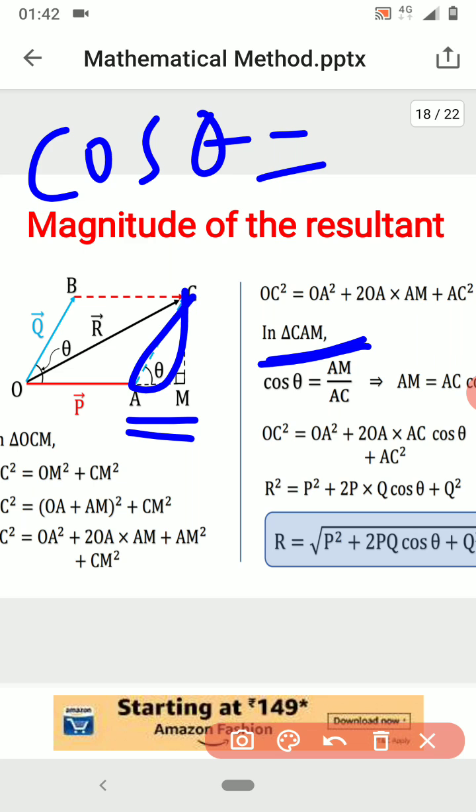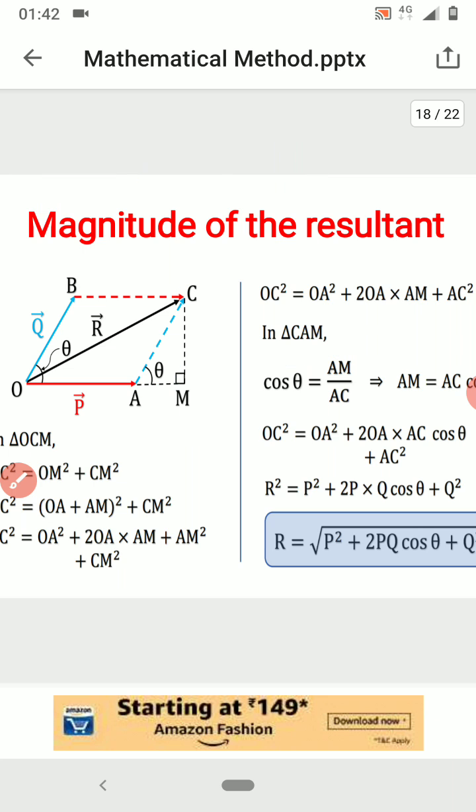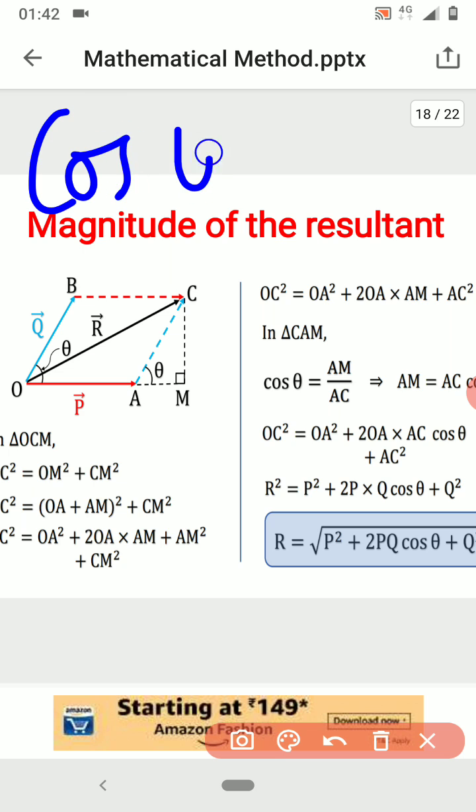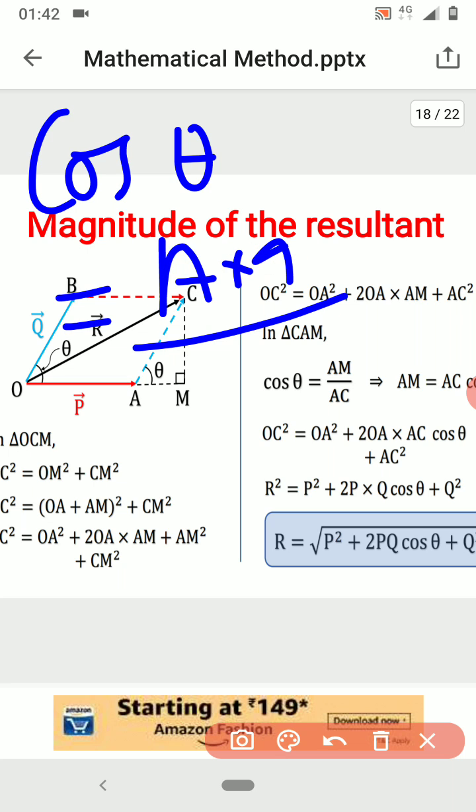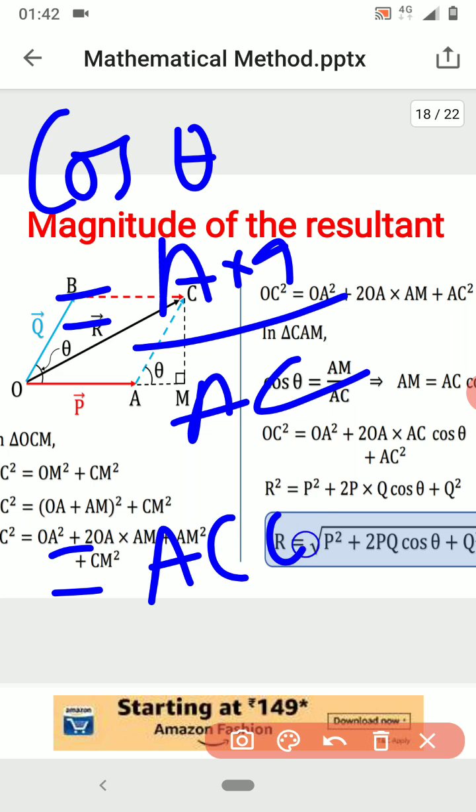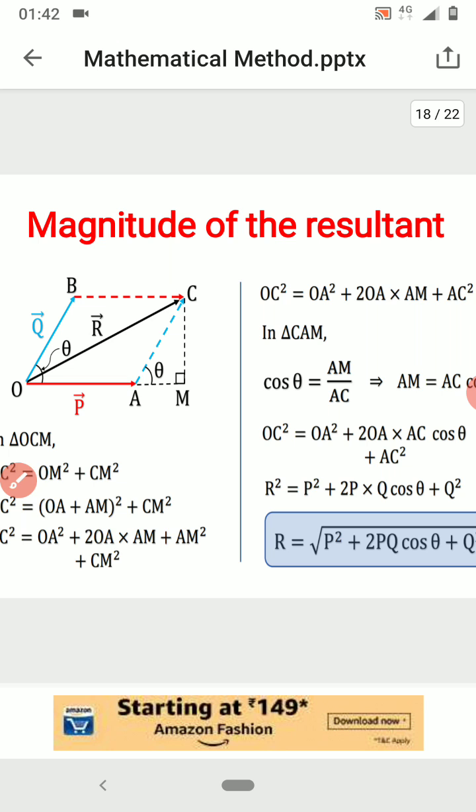For this triangle, cos theta is equal to AM upon AC, so AM is equal to AC cos theta.